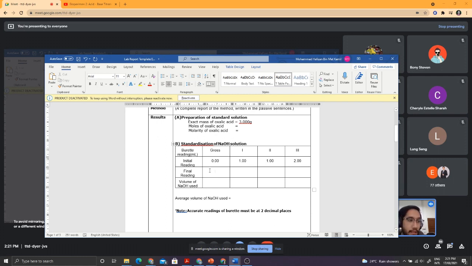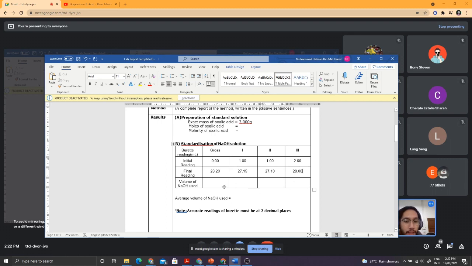The final reading for the gross is 28.2, for the first one you put 27.15, the third one 27.10, and the final one is 28.00.